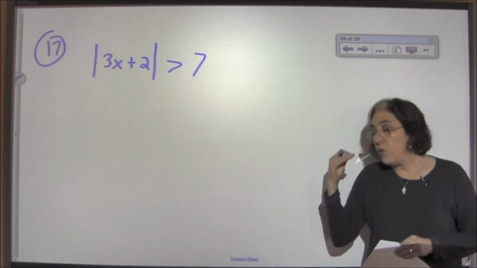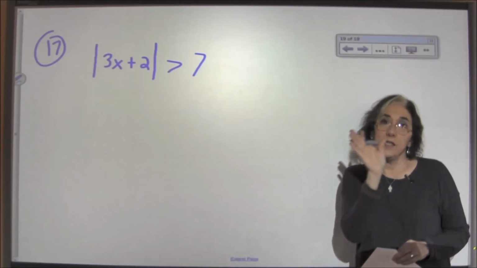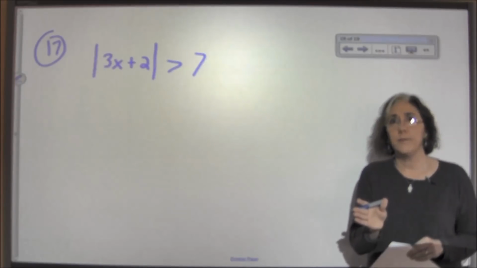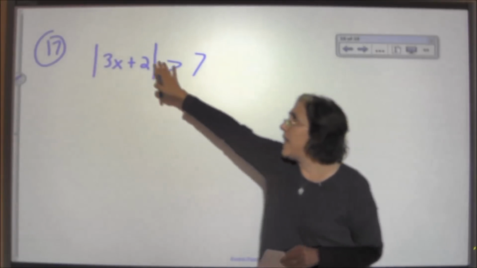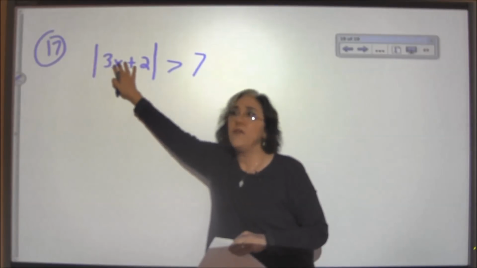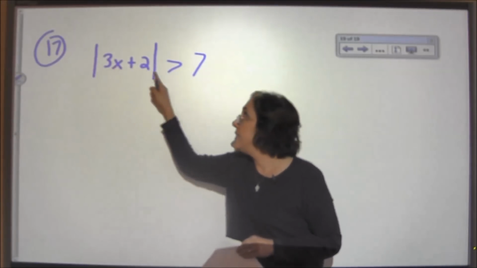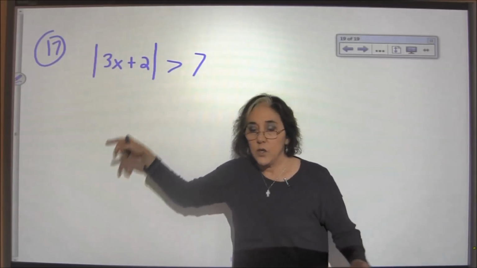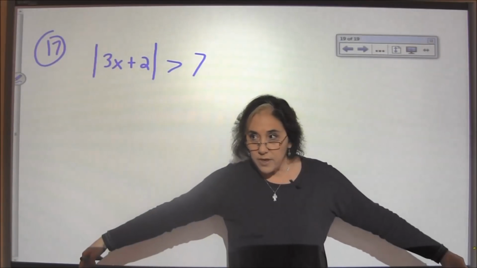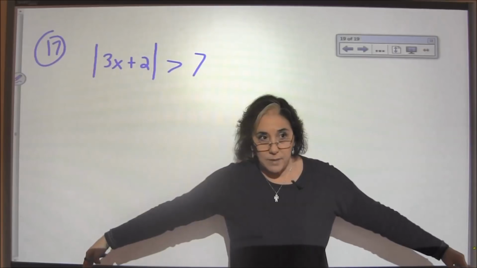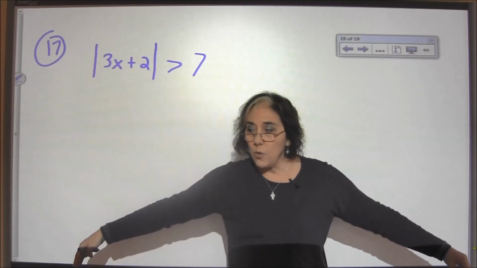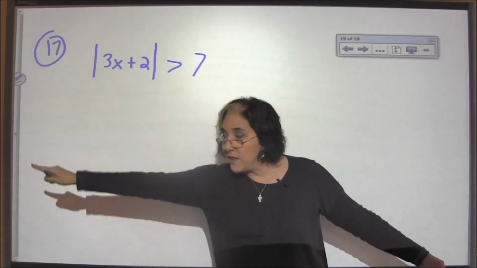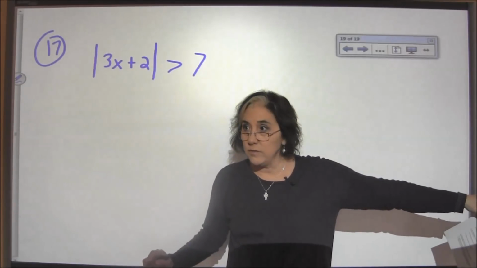Okay, the way we did this, and this is what I explained in the notes, is absolute value has to do with distance. And so what this is saying is this is a distance away from something, and it's a distance that's greater than 7. So if I'm standing here smack dab in the middle of a couple of numbers, and I want to know what numbers are 7 units away from where I'm standing, that's going to be that direction and that direction.